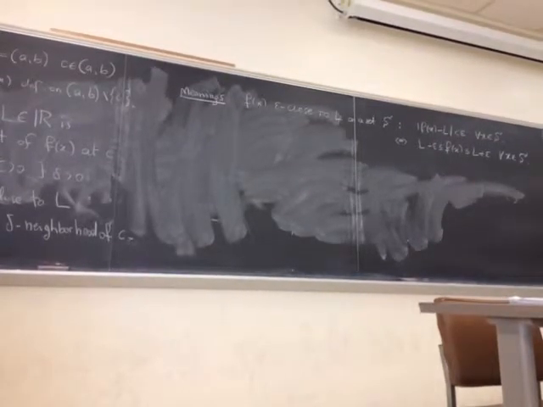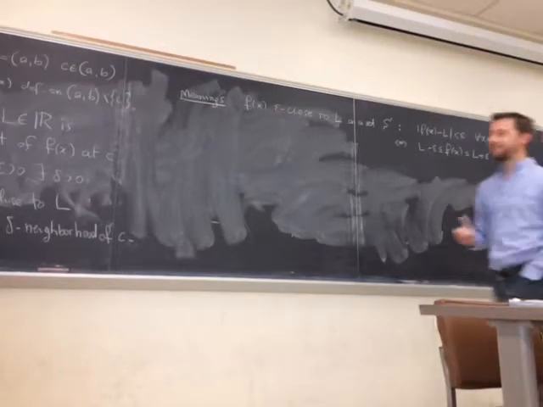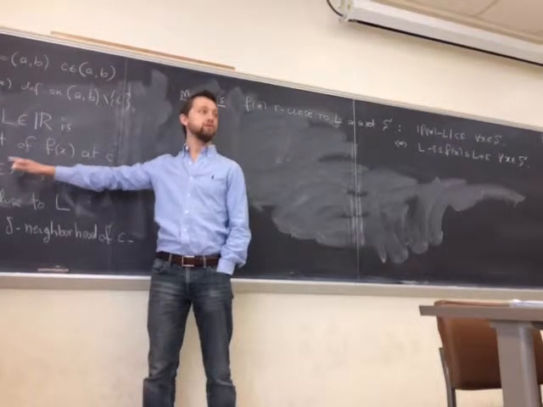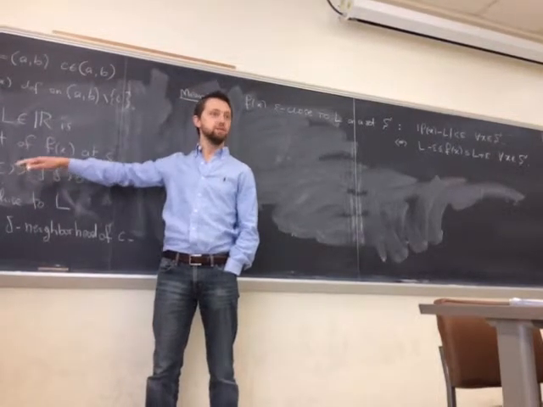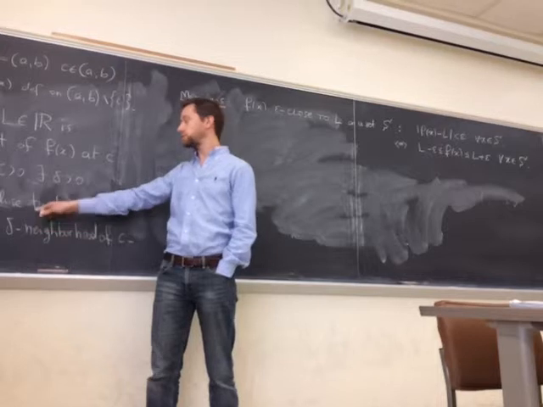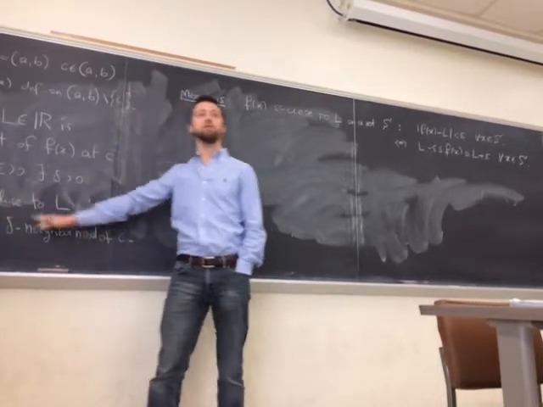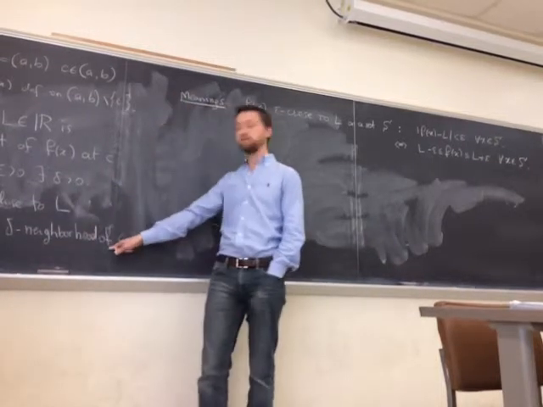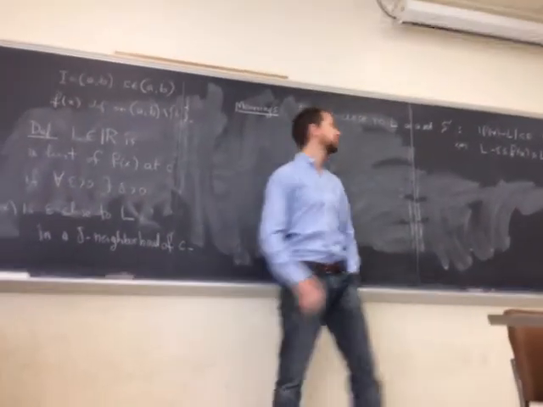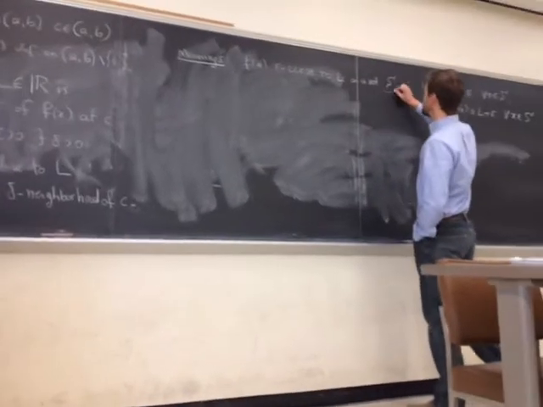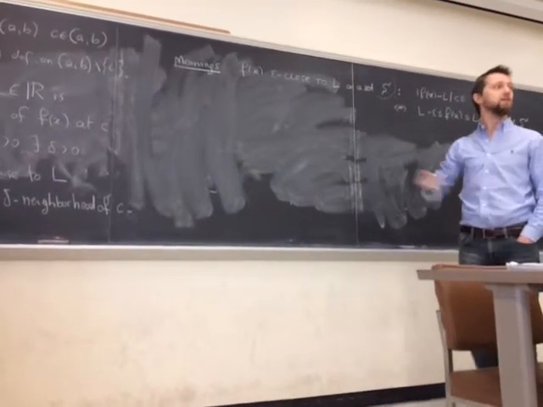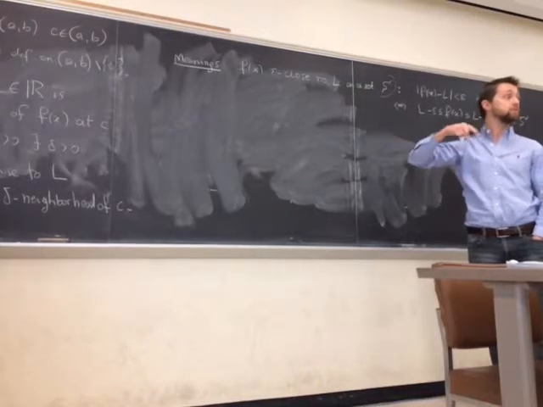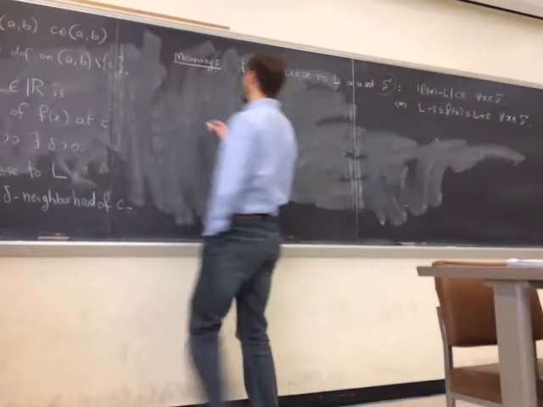Good. Then, my condition is that, apart from this, for every epsilon there exists a delta. But if we go back to the definition, what's written here is that I want f of x to be epsilon close to L on something that I've called a delta neighborhood of c. Okay, that's a specific set. So that's the set S that I will put here in the definition of limit. So what is a delta neighborhood of c?